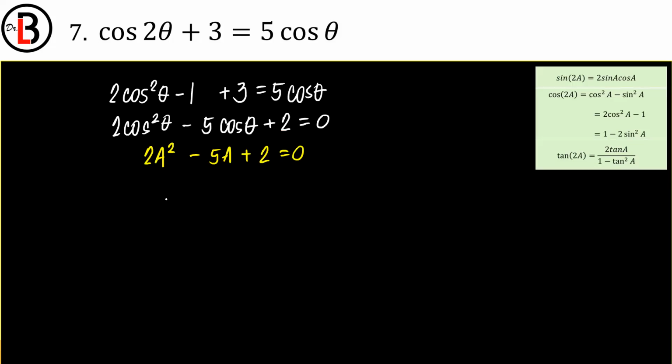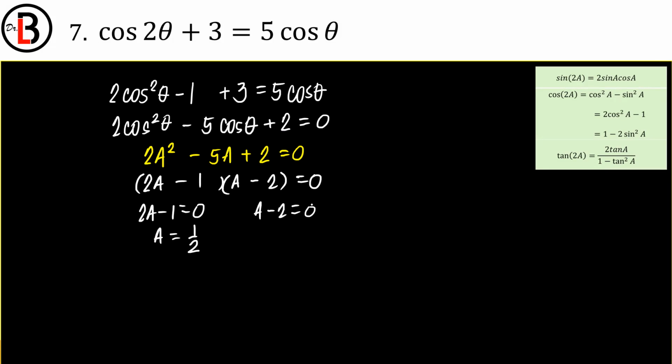Factoring the first term here becomes 2a, and then this is minus 2 and minus 1. Let's check: 2a squared minus 4a minus a is minus 5a, and then plus 2. Therefore, 2a minus 1 is 0, or a minus 2 is 0. So a is 1/2, and a is equal to 2.